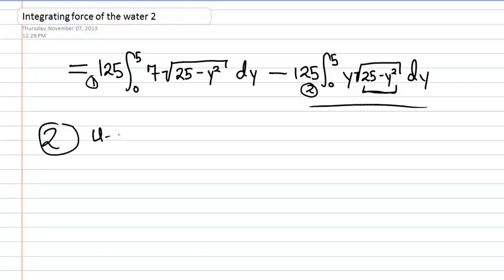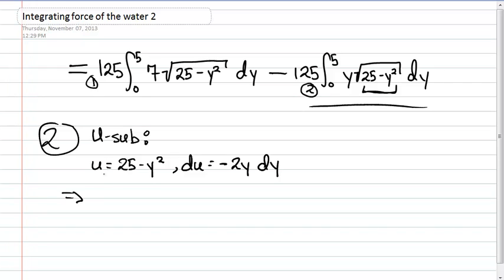If you use a u sub, where your u is going to be 25 minus y squared, and your du is going to be minus 2y dy, you'll see that the y's will cancel. Here's what it looks like. Let's forget the negative sign for a second.